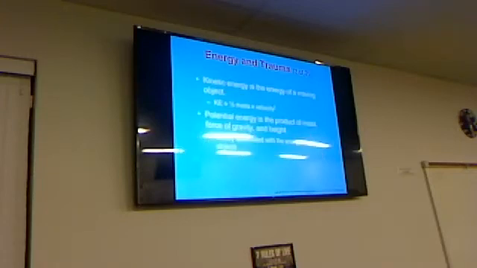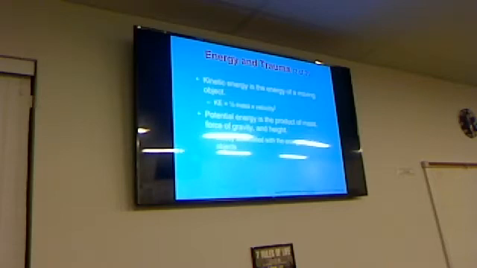Kinetic energy is the energy of a moving object. You can use the equation, but I just like to think about it as the energy of a moving object. How fast was the vehicle going? That plays into your mechanism of injury.